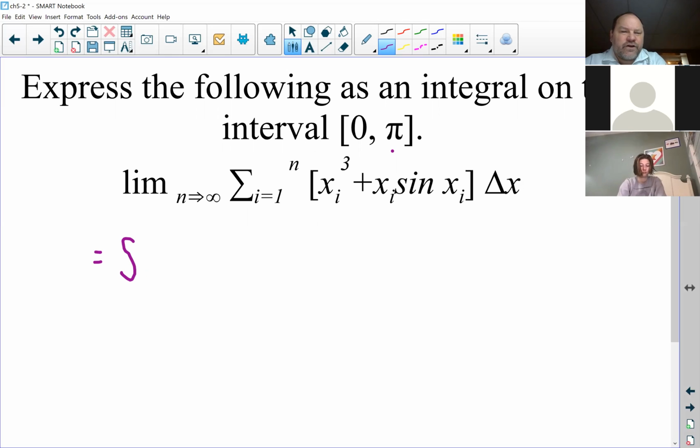The endpoints of our integral become our limits, and it's always left hand or lower value on the bottom, right hand or upper value on the top. I shouldn't say always. Most of the time it's written that way. There are times when it's different.